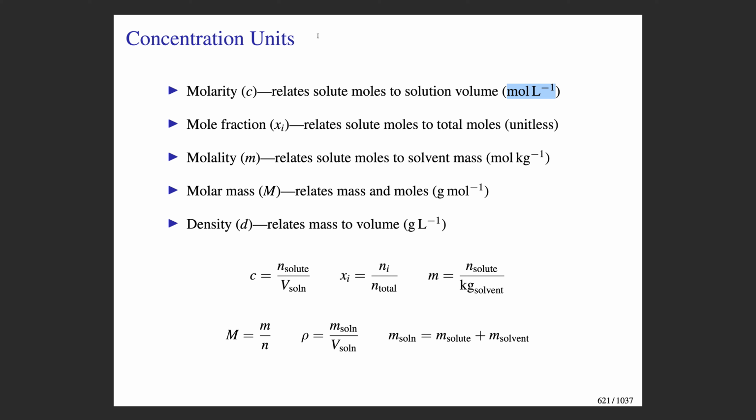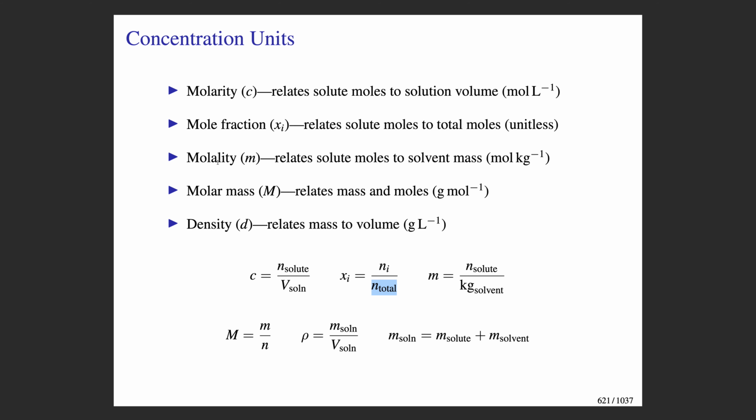The mole fraction relates the moles of some solute to the total number of moles, and so it's a unitless quantity. You take the number of moles of component i and divide by the total number of moles within your solution. Okay, so that's one way of measuring concentration.